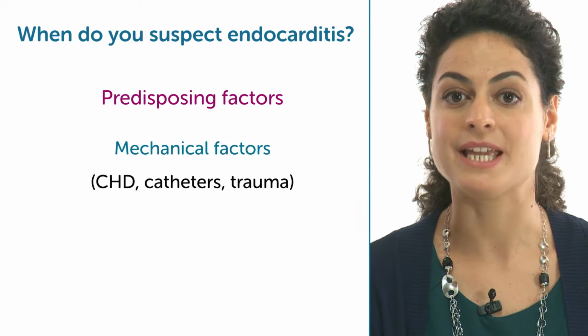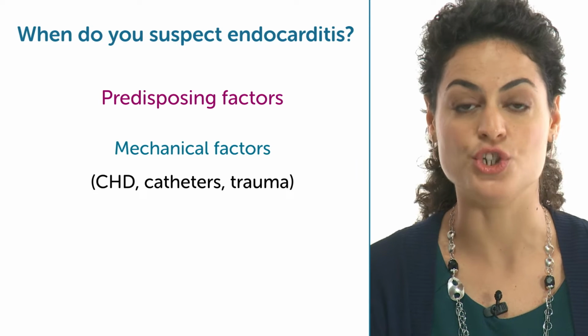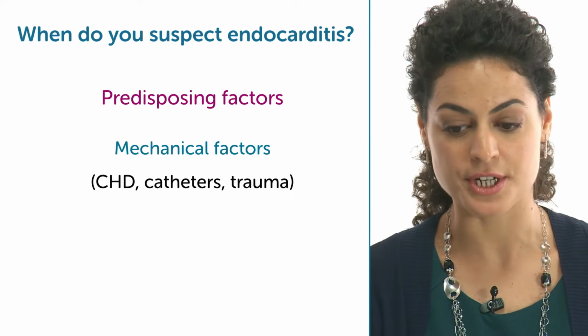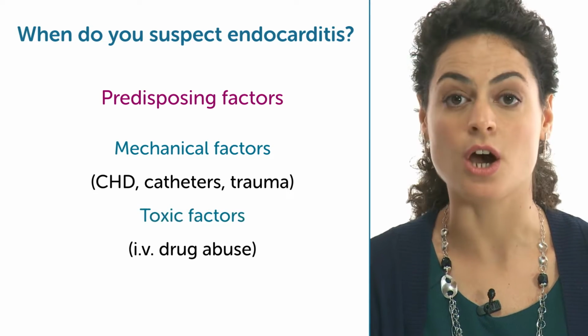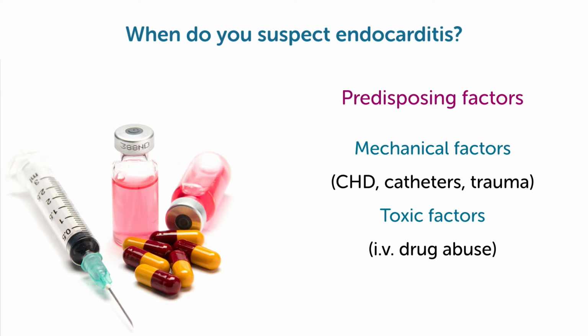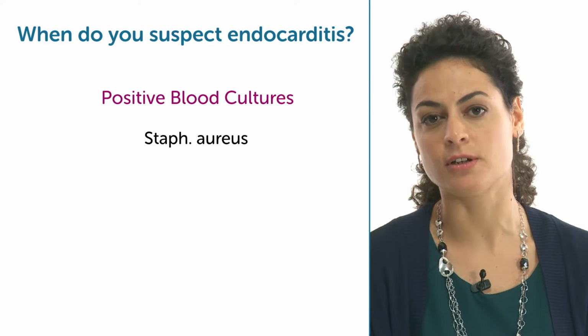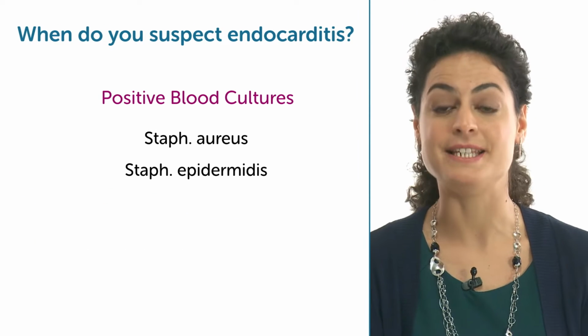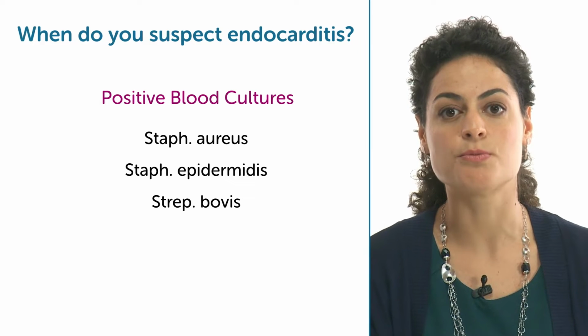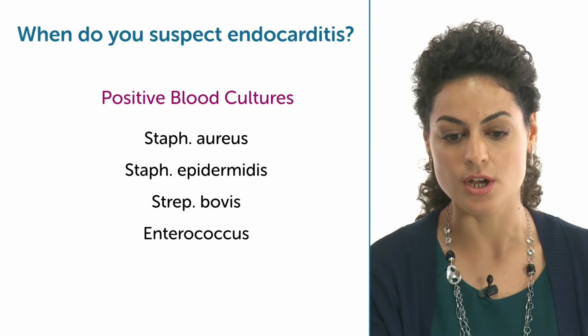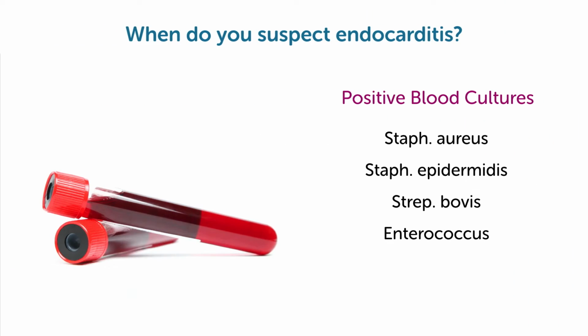This could be mechanical factors like congenital heart disease, catheters, or trauma, toxic factors, for instance, in drug abusers, and immunologic factors. And of course, if you have a blood culture which is positive for the typical agents of infection of the heart, and I'm talking about Staphylococcus aureus, or epidermidis, or Streptococcus bovis, or Enterococcus, the suspicion gets higher.